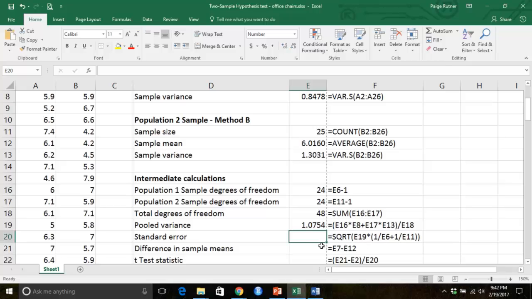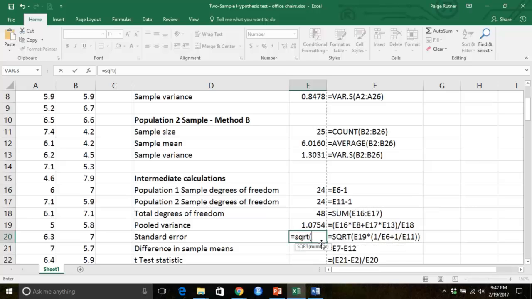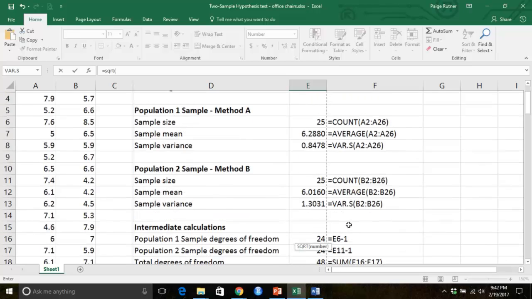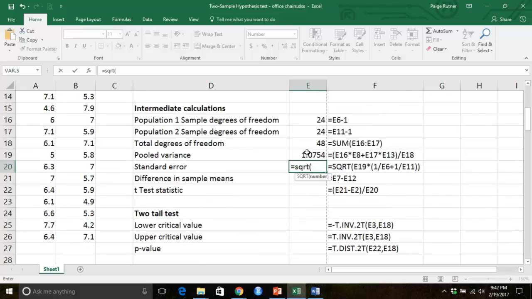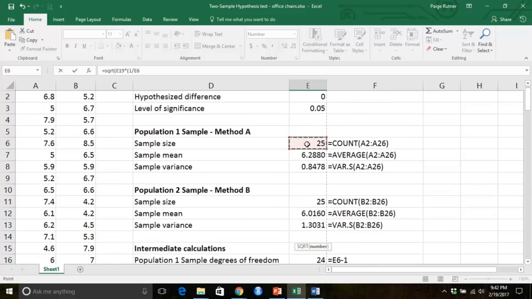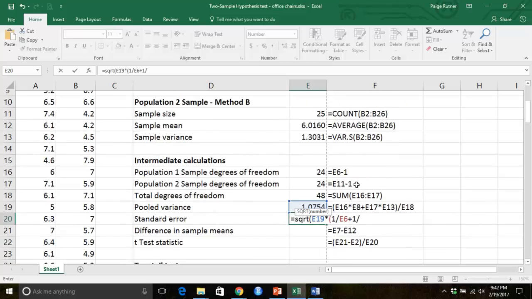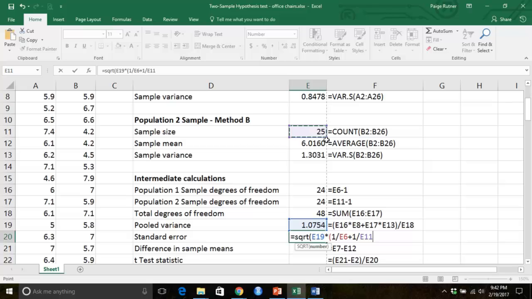I'm going to try and replicate that formula. I'm going to start with my square root function, and then take the pooled variance that I just computed, multiply that times 1 divided by the first sample size, and then add 1 divided by the second sample size.